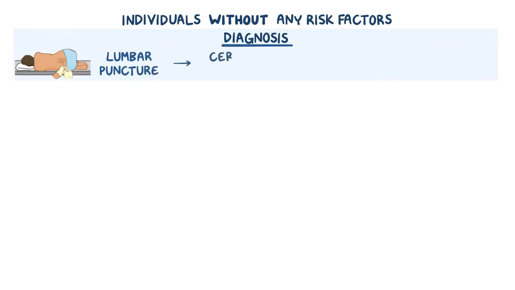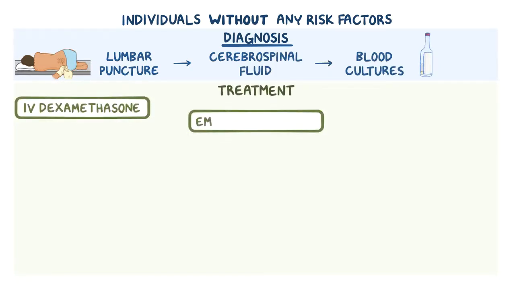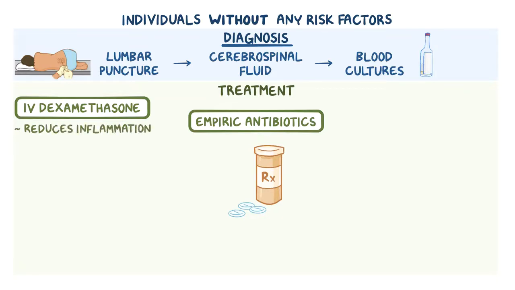After you've obtained the cerebrospinal fluid sample, you can obtain blood cultures and then start IV dexamethasone and empiric antibiotics. The logic behind giving IV dexamethasone before IV antibiotics is that it reduces the inflammatory response that usually occurs when antibiotics destroy bacterial cells.